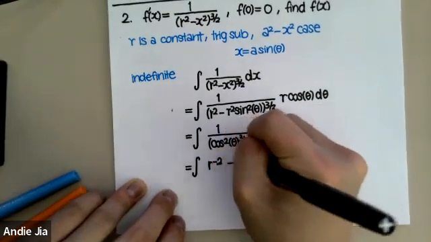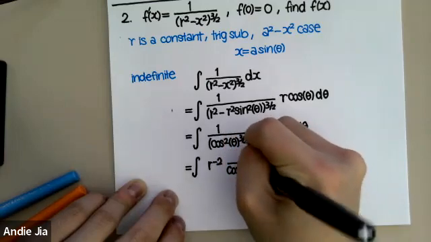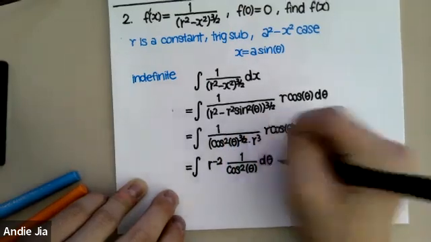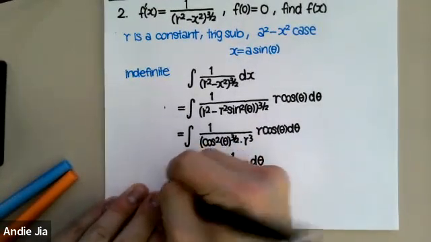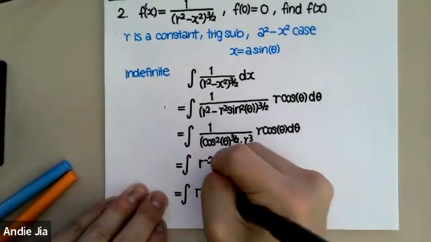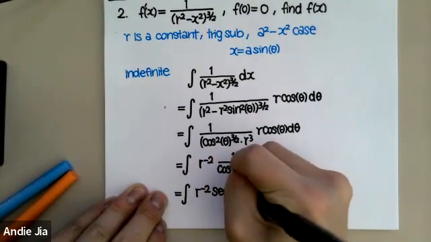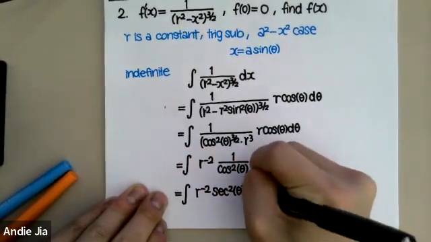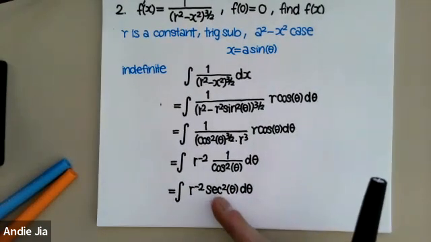So it's going to be 1 over cosine of theta d theta. And then what you have is r to the negative 2 secant squared of theta d theta. Now look at this function, it is easier because now you know what the antiderivative of this is.